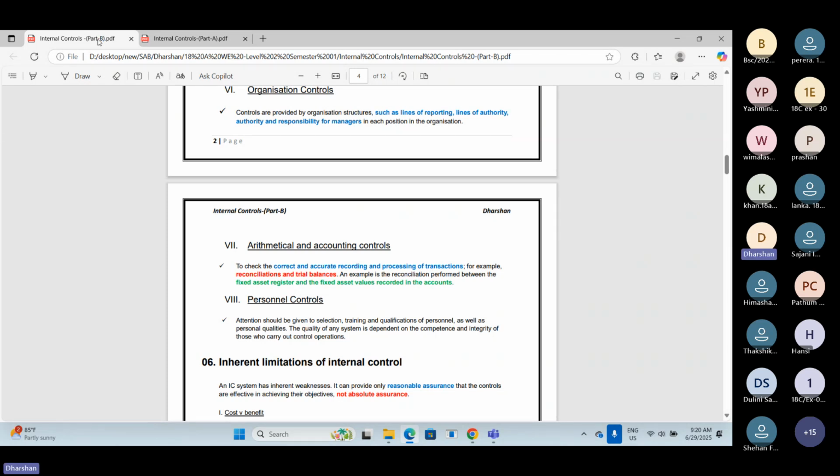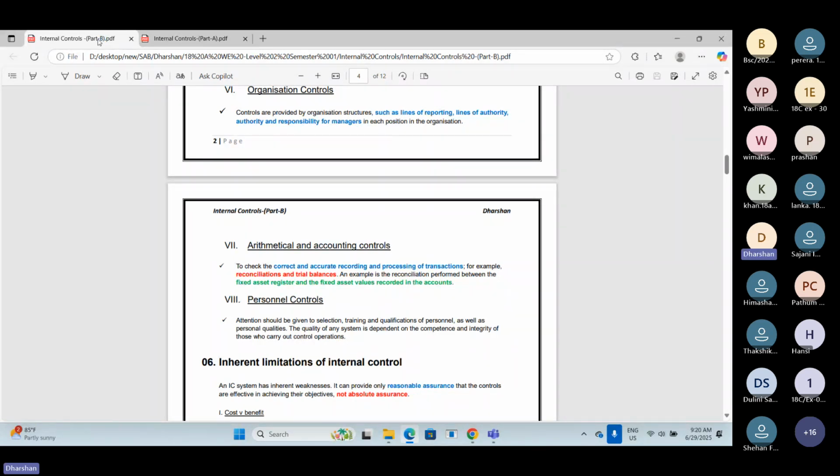So this is also personal controls. Not only training, when you are recruiting the employees also, you should consider the experience and knowledge also. If you recruit the best person, then you will get the best output from him. Clear?